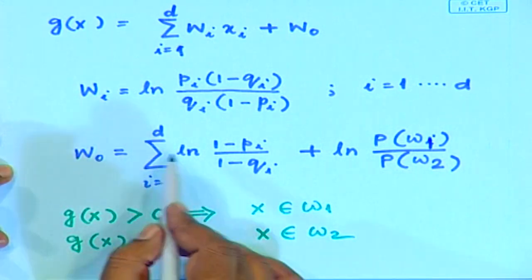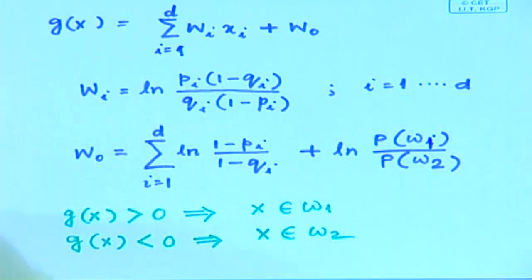Okay. So, if you analyze this expression, what do we get? What do these different components of W, that is Wi, effectively tell us? You find that xi, the ith component of the feature vector x, is a binary valued feature. It can have a value equal to 0, it can have a value equal to 1.